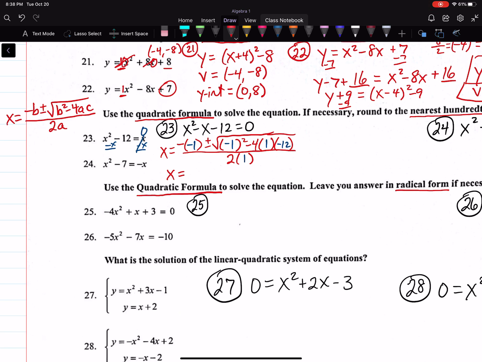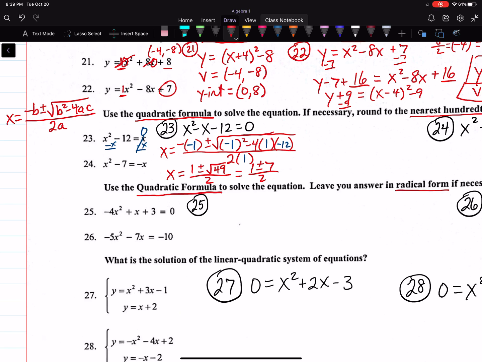So again, I do it in stages. That's positive 1 plus and minus the square root of something over 2. And that something, if you put it in your calculator, will get you 49. And that can simplify more. The square root of 49 is 7.